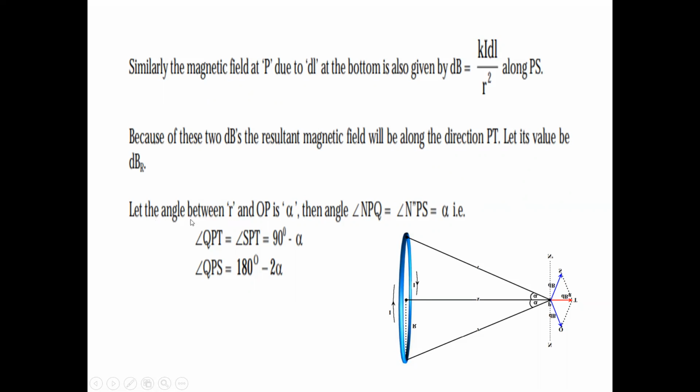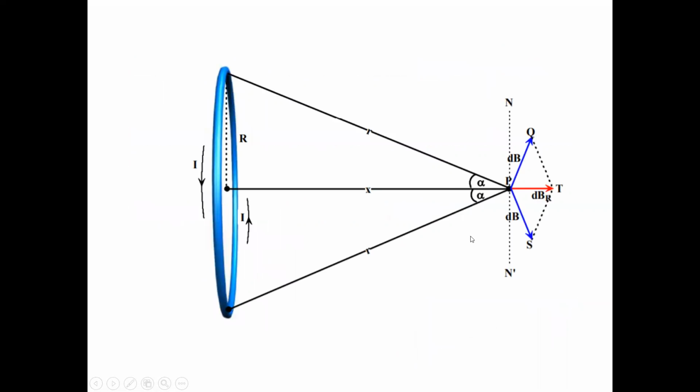Let the angle between R and OP be alpha, clearly from the figure. So once again, this is O and P and this is R. The angle between them is alpha.